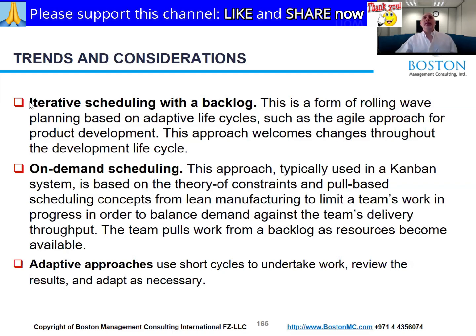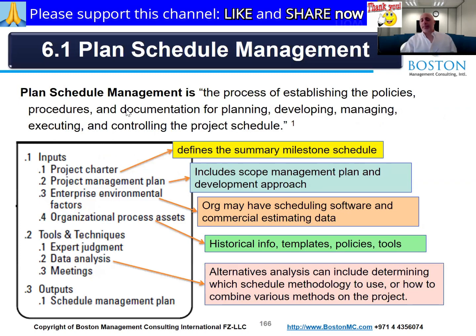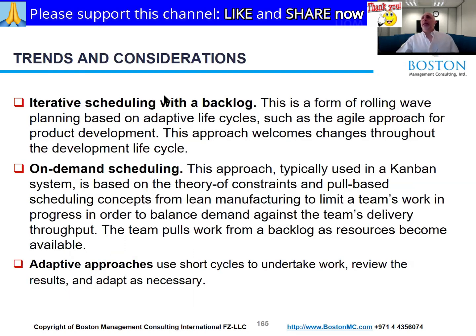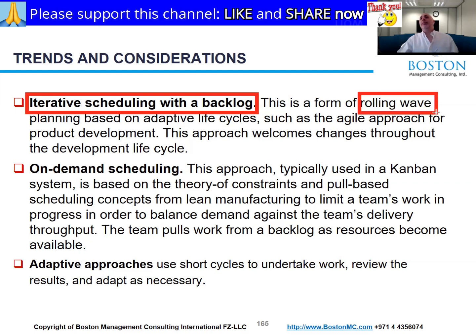Here on this screen, the top bullet that you see there is referring to Agile. And you see it says this is a form of rolling wave planning based on adaptive life cycles. And if you recall, adaptive is another word for Agile. Iterative scheduling with a backlog. Agile always works with a backlog of features or requirements that they want to complete.